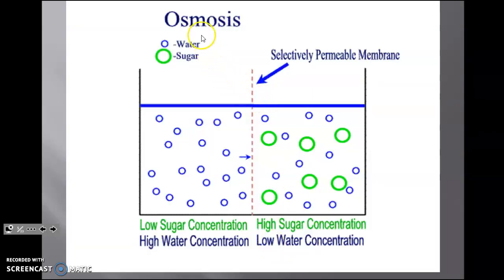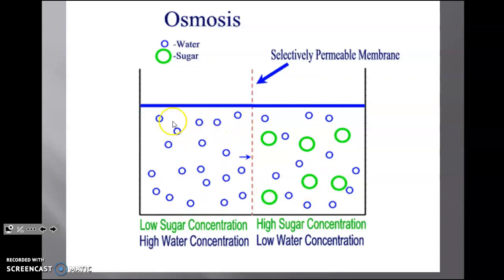So here's an example of how transport can occur. This is the simplest form of transport here. It's called diffusion, or when there's diffusion of water, it's called osmosis. And so here's water over here, and this is another solution with water and sugar in it. You can see these blue dots are water and the green ones are sugar.